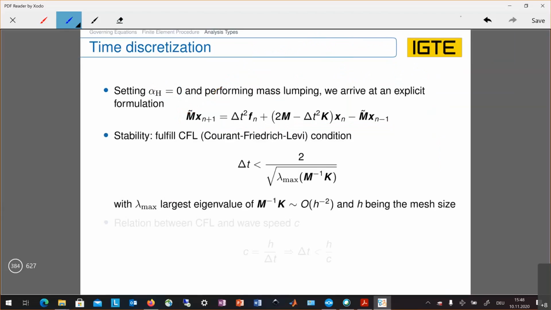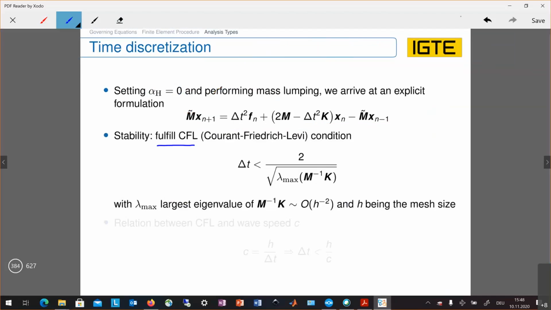However, you have some stability criterion to be fulfilled, and that's the classical CFL condition according to Courant, Friedrichs, and Lewy, and that is given by this: delta t should be smaller than 2 over the square root of the maximum eigenvalue of M inverse scaled by the stiffness matrix.